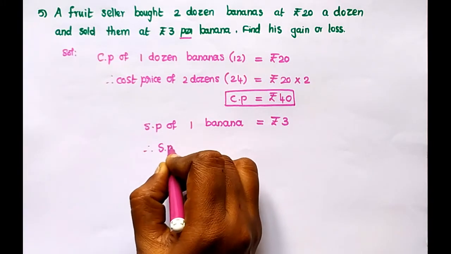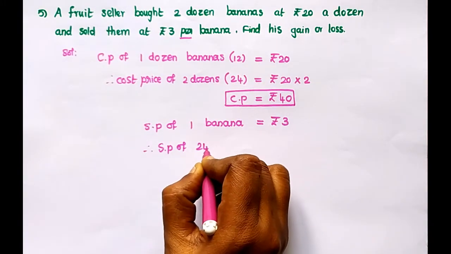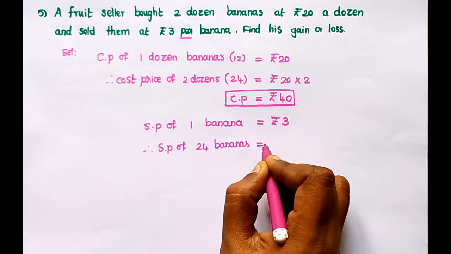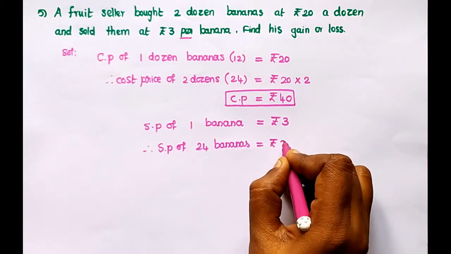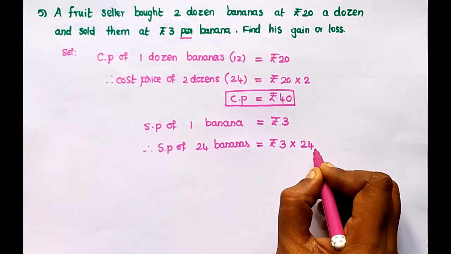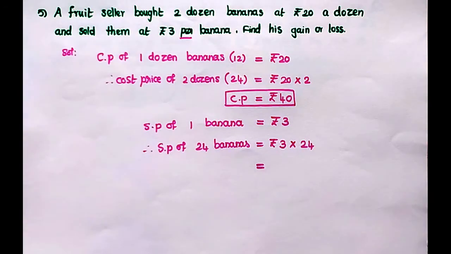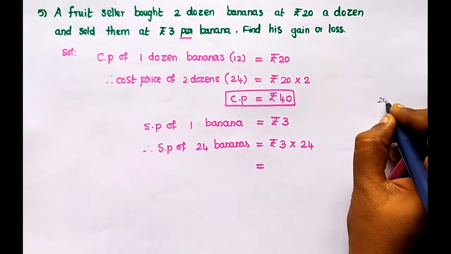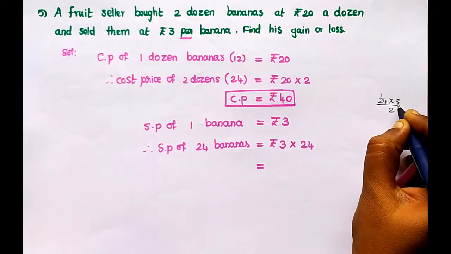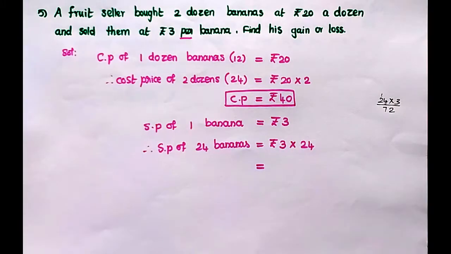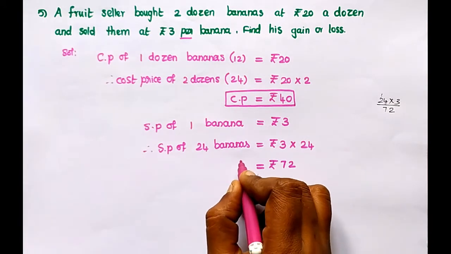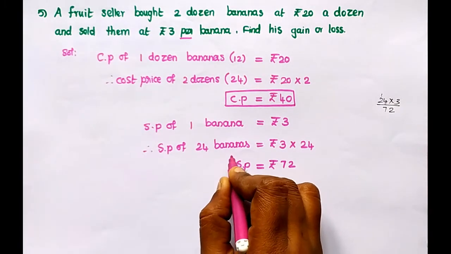So selling price of 24 bananas equal to rupees 3 into number of bananas 24. So multiply that. 24 into 3. 3 4s are 12. 2 3s are 6, 7. So rupees 72, that is selling price.